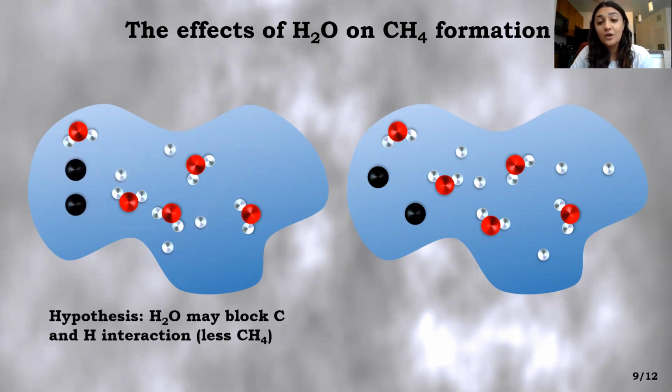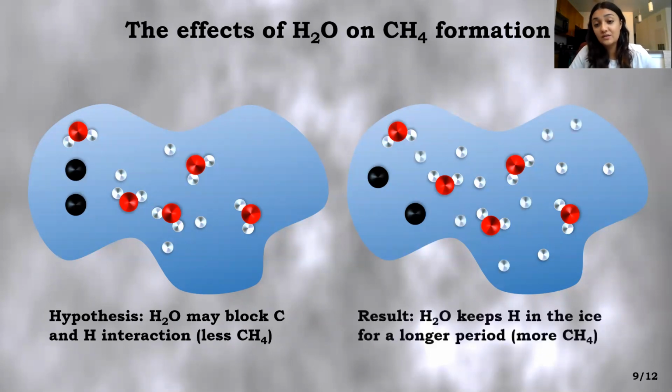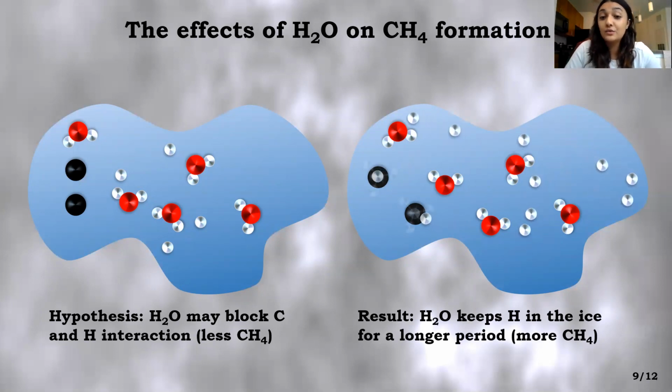To some extent, water probably does block C and H. However, this seems to be overpowered by the fact that water increases the residence time of hydrogen in the ice, and this may be partially due to the increase in the sticking coefficient and binding energy of hydrogen, and also water provides a larger surface area for hydrogen to adsorb to. So there's actually more hydrogen available to react with carbon than if water wasn't present at all.